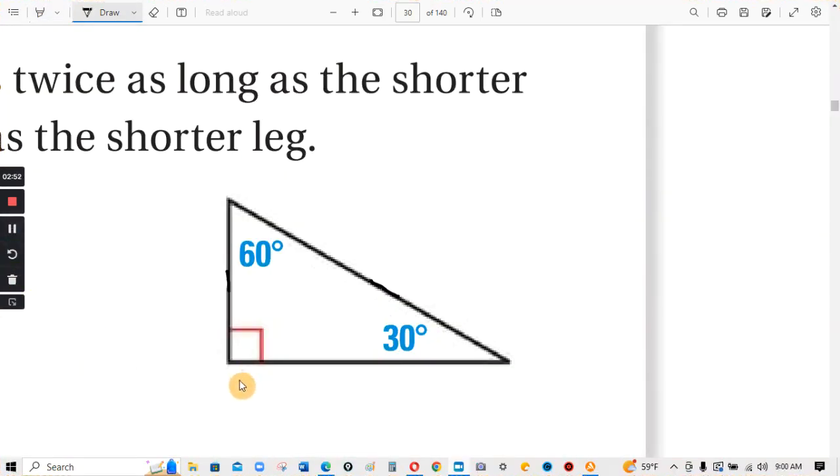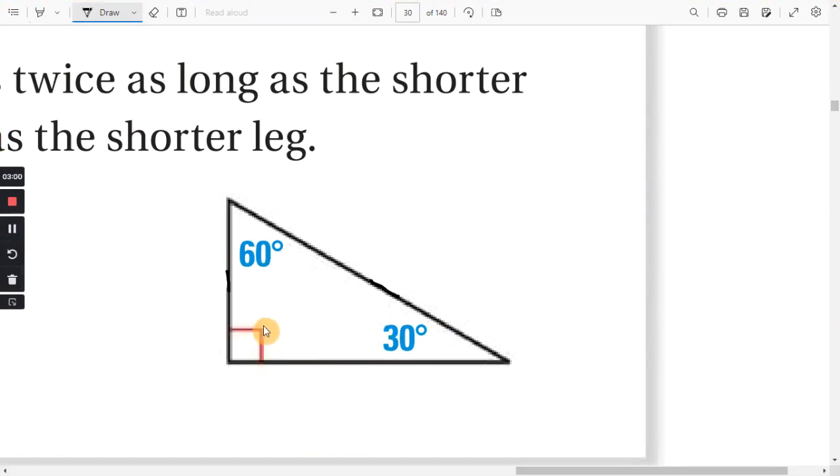Now, if you recall the other type of special right triangle, the angle measurements are 30, 60, and 90. As usual, you go across from your right angle to the side, and that side is your hypotenuse. The other side lengths are different from each other, so we can't just call them legs.